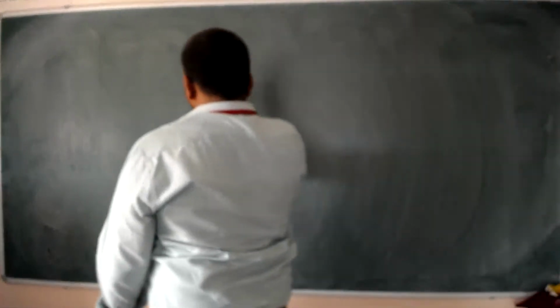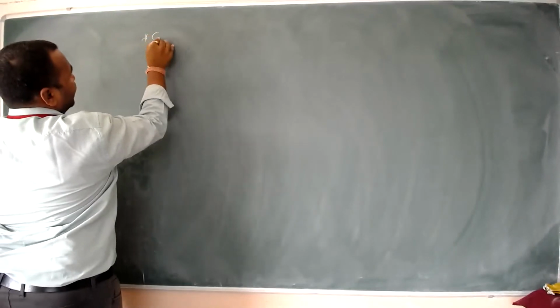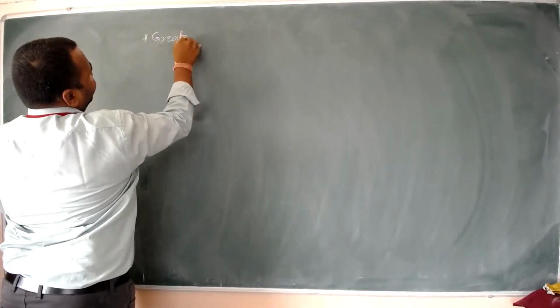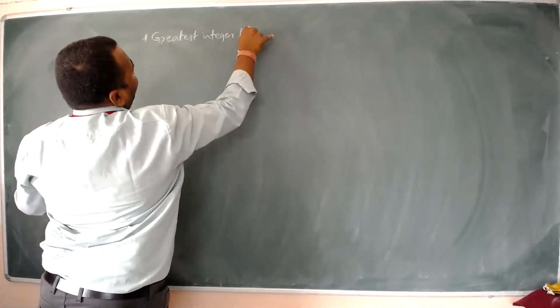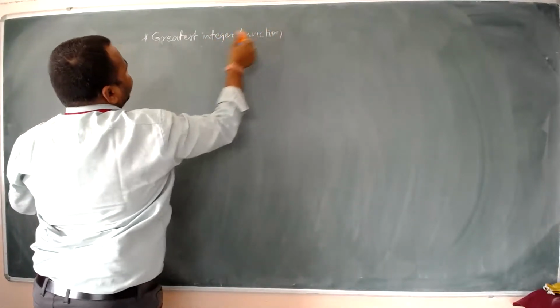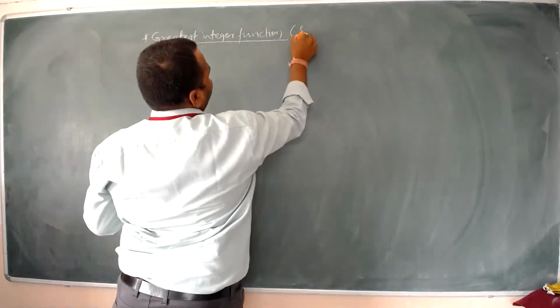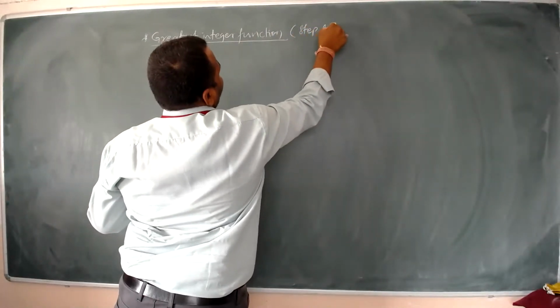Now, go for the next definition. Greatest integer function. It is also known as the step function.